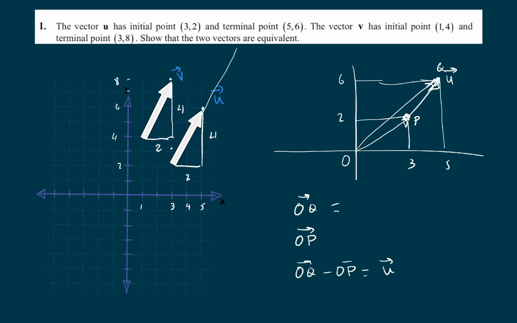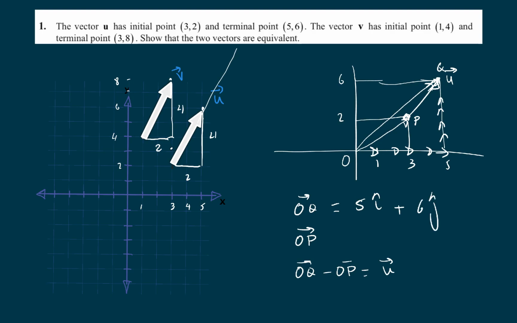Who is OQ? OQ is the vector that goes from O to Q. So it's 5i: you move 5 times in the x direction, 1, 2, 3, 4, and 5. And later on, you move 6 units in the j direction, 1, 2, 3, 4, 5, 6j.